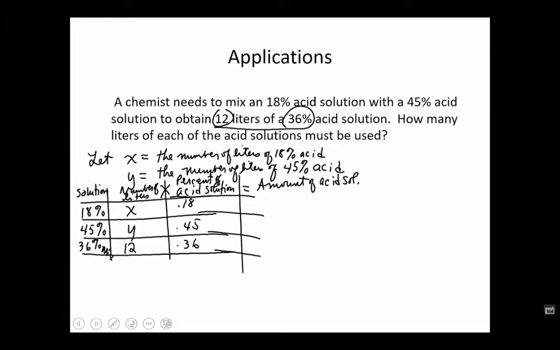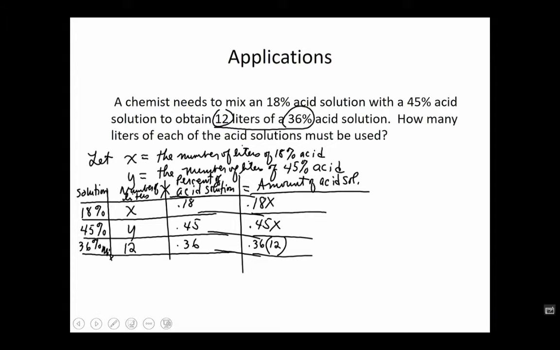So x times 0.18 is 0.18x, and y times 0.45 is 0.45y. And for the mixture, we have 12 times 0.36, or 0.36 times 12. That's our analysis of the problem.